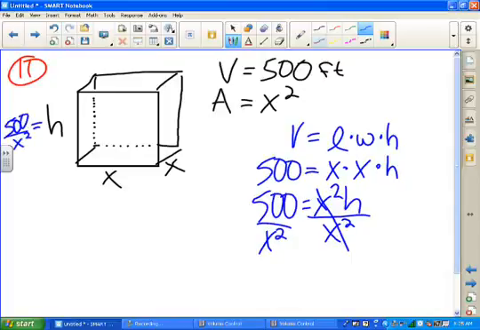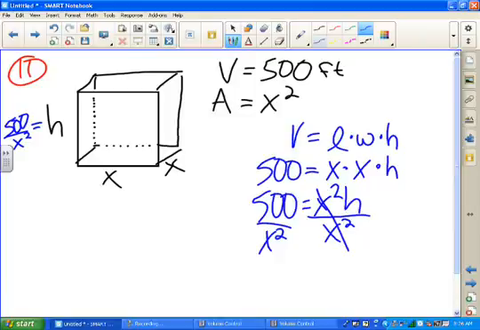Now I have all of my dimensions in terms of x, so I can write an equation of x for a certain thing. Now I don't want to do the area of the base, and I don't want to find the volume. If I was an engineer and I needed to figure out the minimal amount of sheet metal needed, what I'm really talking about is the surface area of the box.